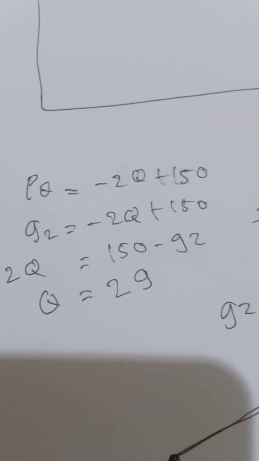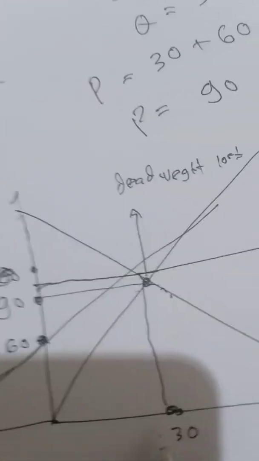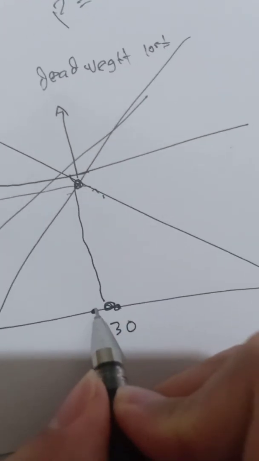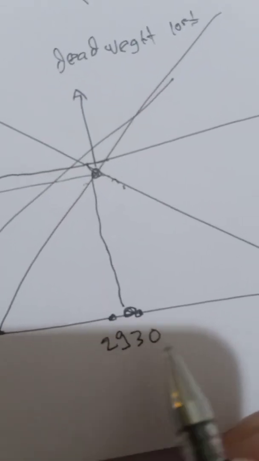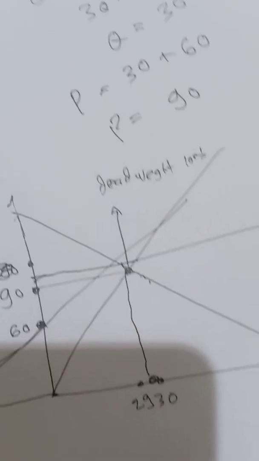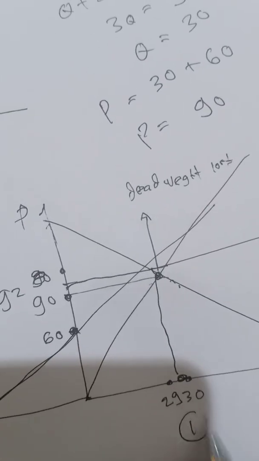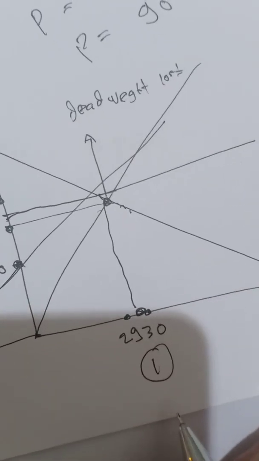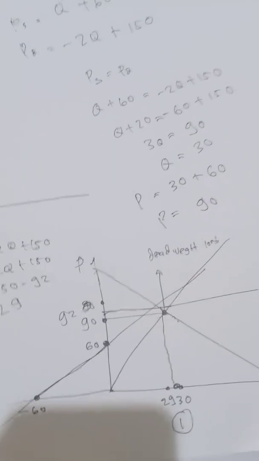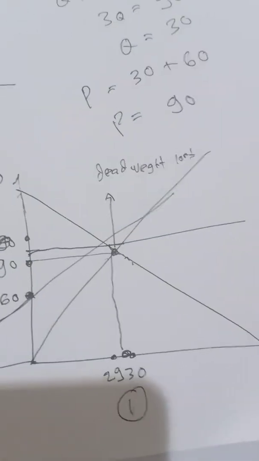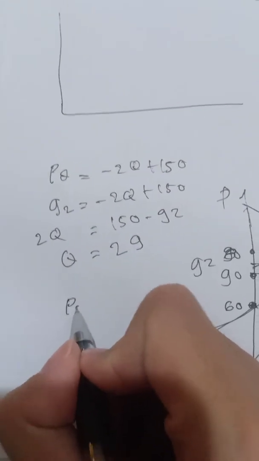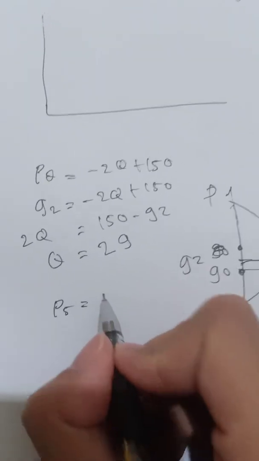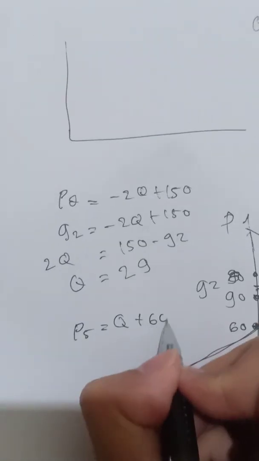After we found that Q is 29, we put this in this place, 29. The distance from 30 is 1. Now as we know Q is 29, we find the PS equation, where we know PS equals Q plus 60.